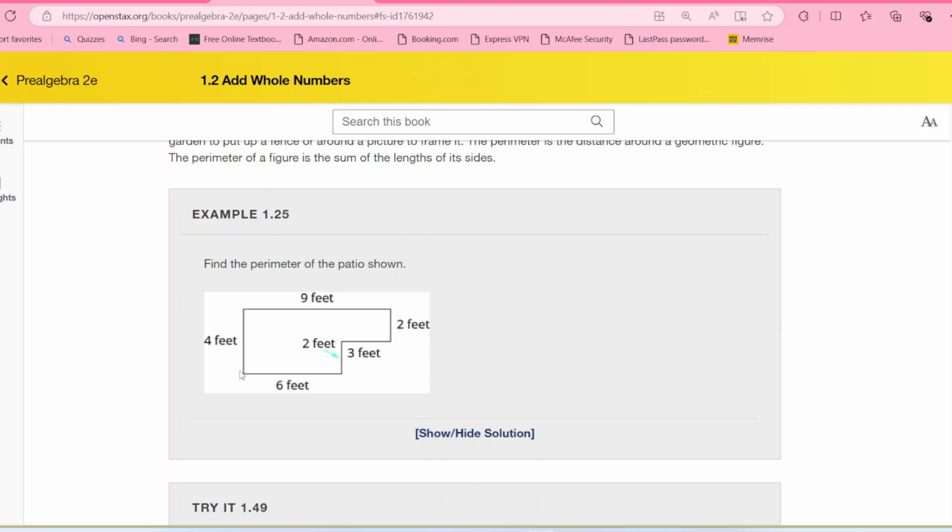So we have a length of 4 feet on the left side here, then the bottom is 6 feet. Then this arrow is pointing to this little length of 2 feet, then another length to the right of 3 feet, and then up 2 feet. And then the top length is 9 feet. All right, so the perimeter, again, is the sum of the lengths of the sides. So we're going to be adding, summing, totaling all these lengths up.